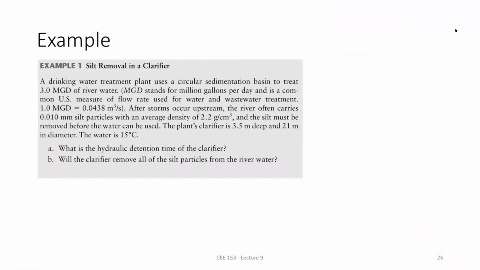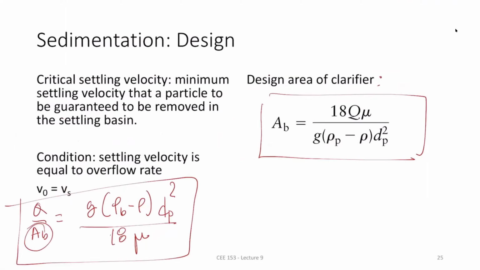That way you'll know how to solve this one. Quick question: does AB change with the question, or is it constant? AB is the size of the area required to remove all the particulates.